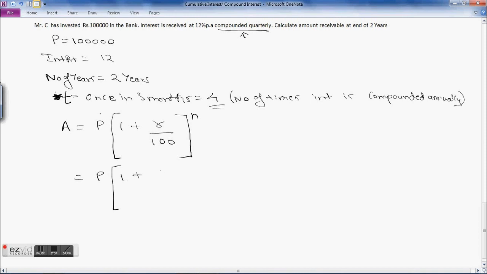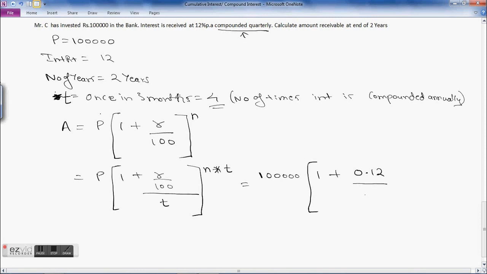1 plus R upon 100, correct? So R upon 100, this whole thing you need to divide it by T, the whole thing into N into T. So let's put all the values in the formula. 1 lakh, 1 plus R by 100, that is 12 by 100, so that comes to 0.12.